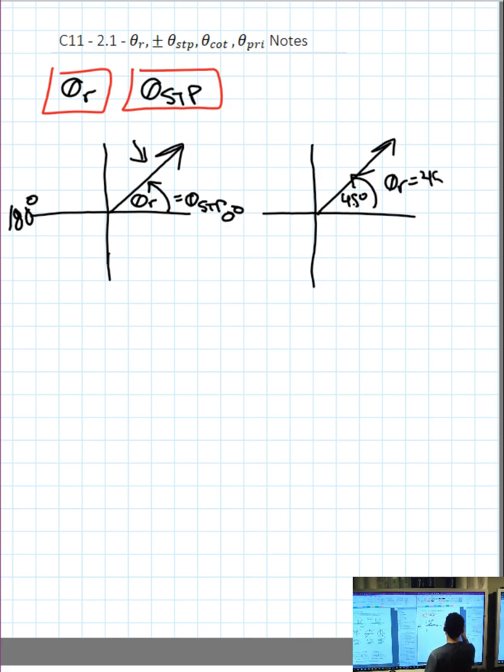It's 45. And the arrow going from the positive x-axis all the way around to the terminal arm is also 45. So that's also theta STP. In the top right quadrant, we'll talk about the names of the quadrants soon, theta r is equal to theta STP.